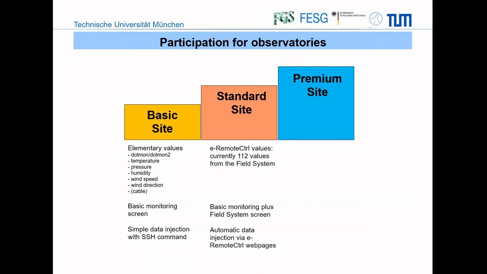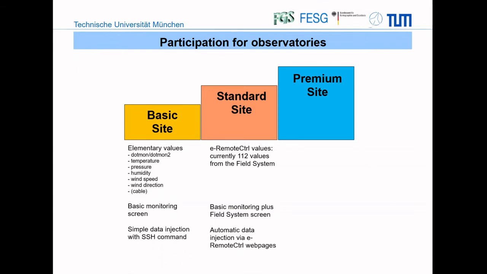The standard site uses, do you remember, the eRemote control software? The eRemote control software was developed to really control remote sites. Here it is now extended with a special web server, so that it offers 112, 120, depends on what you activate, values which come from the field system or extended systems like the antenna control or the antenna unit.